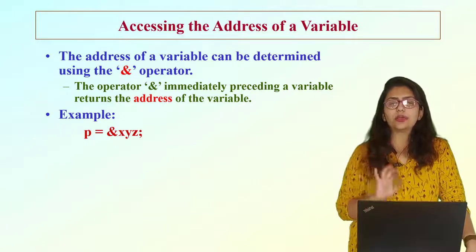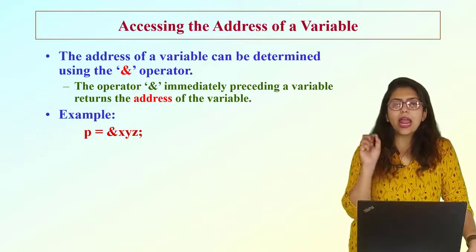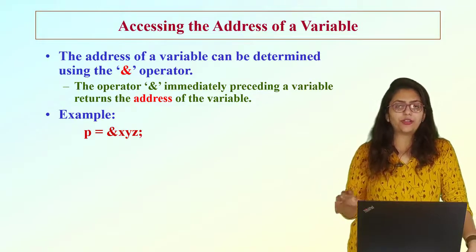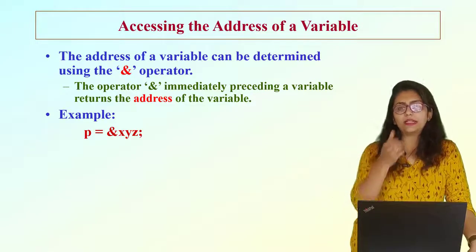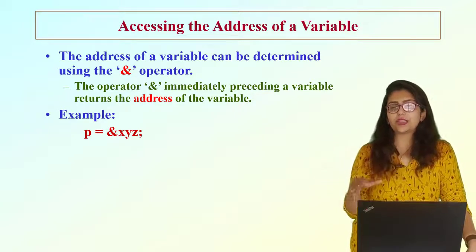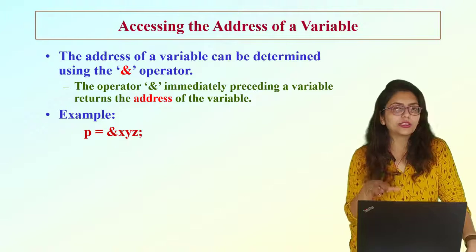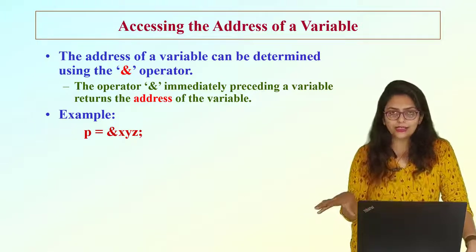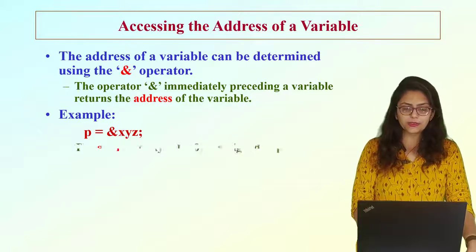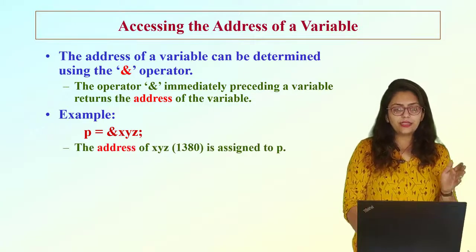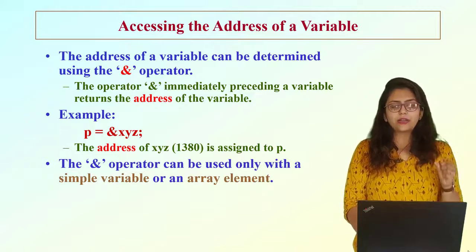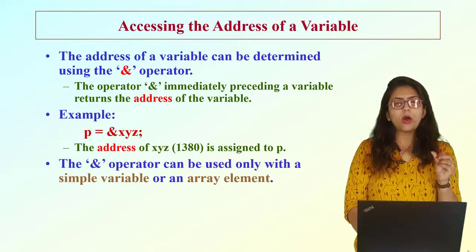So an example is, you can write p = &xyz. Now in the practical implementation of pointers, I will show you how exactly you can replace your scanf, or change the syntax of your scanf, by using pointers, right? It is nowhere written in your textbooks, but I am doing this for the sake of understanding. Now the address of xyz, 1380, is assigned to the variable p, that is the pointer, and the & operator can be used only with a simple variable or an array element.